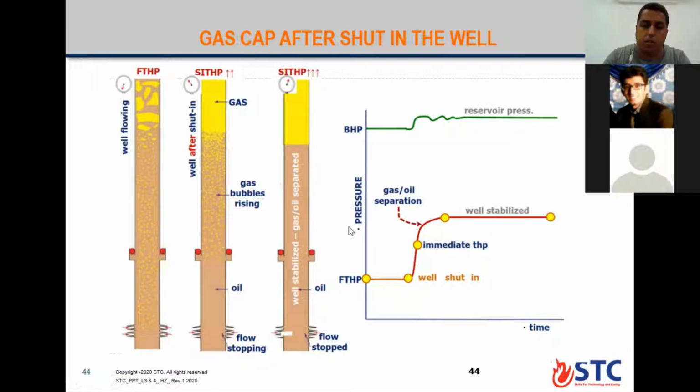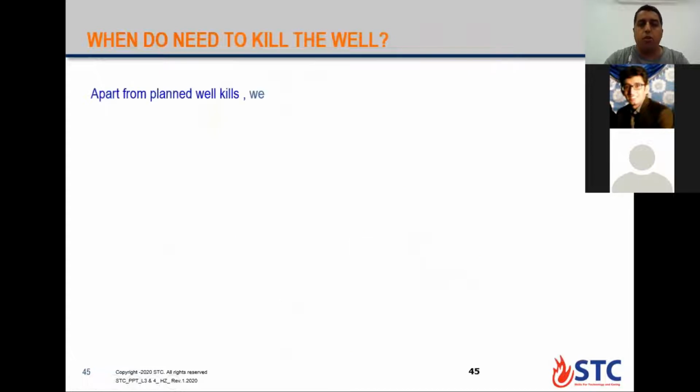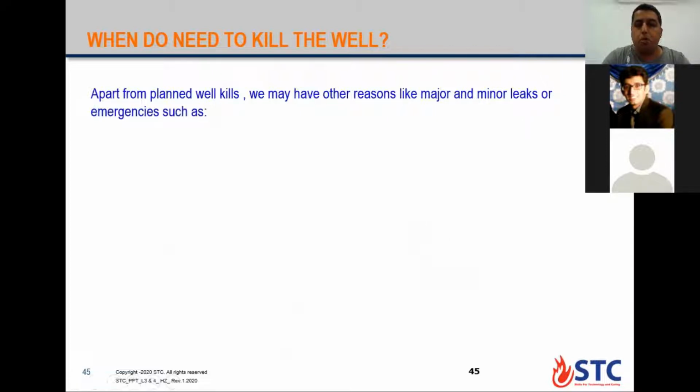Okay, you're welcome. Why do we need to kill the well during completion or well intervention? Apart from planned well kills, there are emergencies where major or minor leaks can develop, so we need to kill the well. Like what?